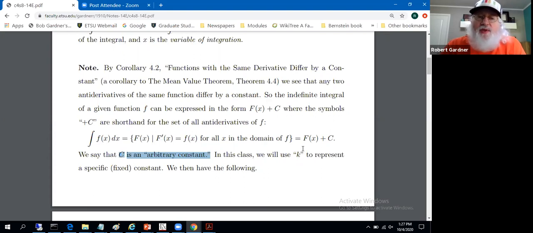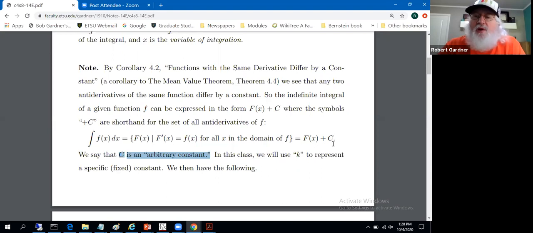Sometimes we'll deal with indefinite integrals and sometimes we'll deal with antiderivatives, and they're different things. When we want a specific value for the constant, we'll use a lowercase k to represent specific fixed constants versus this arbitrary constant stuff. So be very careful with this.